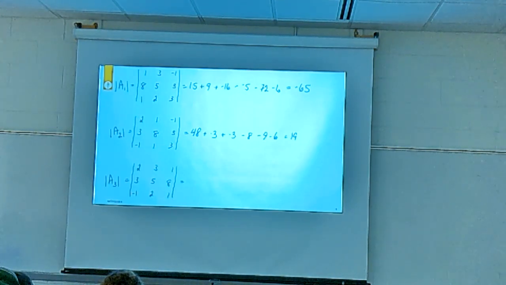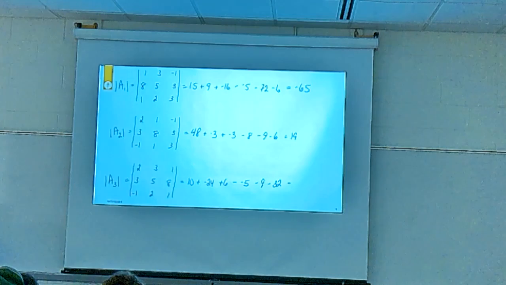Now let's take its determinant. 10 plus -24 plus 6 minus -5 minus 9 minus 32. Ten, 6 is 16, 16 and 5 is 21. 21 minus 24, -3. Minus 9 is -12. Minus 32 is -44.